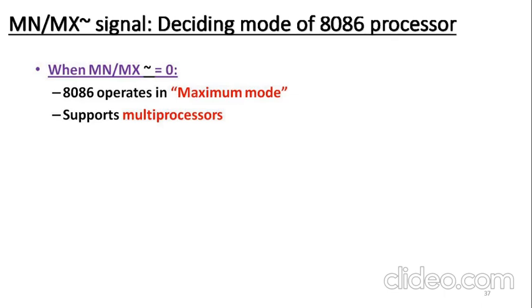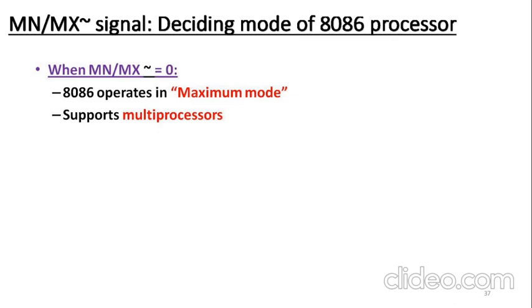So whenever this composite signal is kept at logic 0, it means that the user is deciding the maximum mode operation for the processor. That is what is written here: 8086 operates in maximum mode because this composite signal is logic 0.